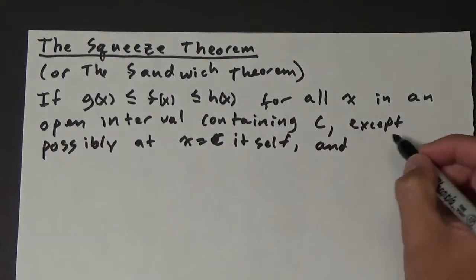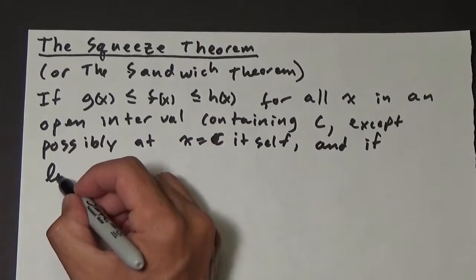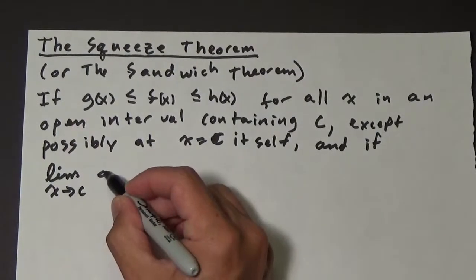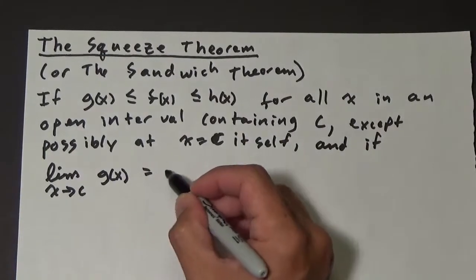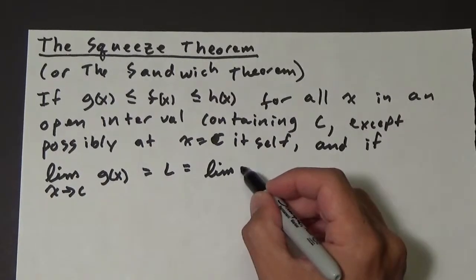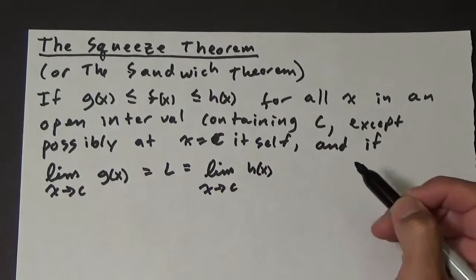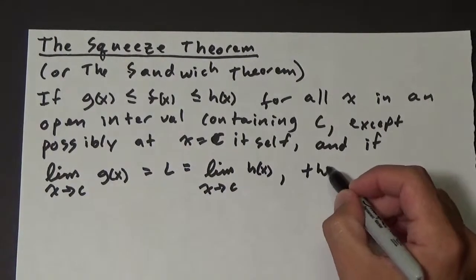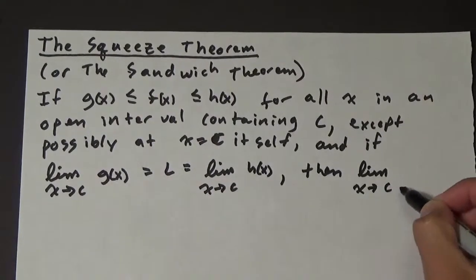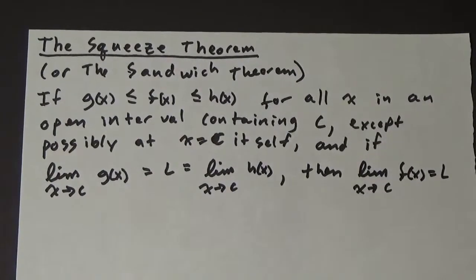And if the limit as x approaches C of g of x equals L, which equals the limit as x approaches C of h of x, then the limit as x approaches C of f of x must equal L.